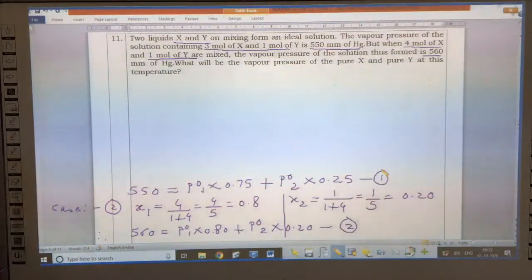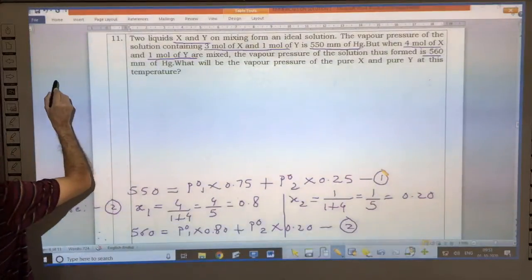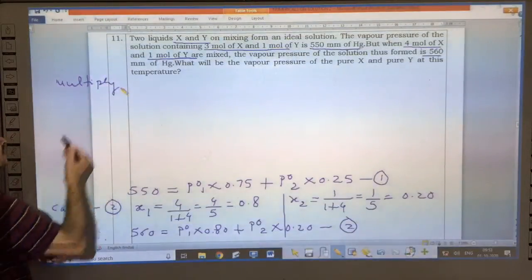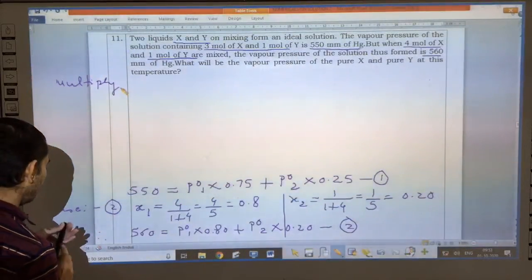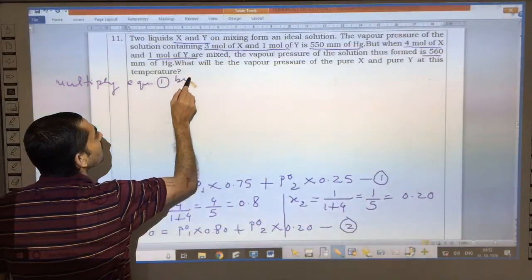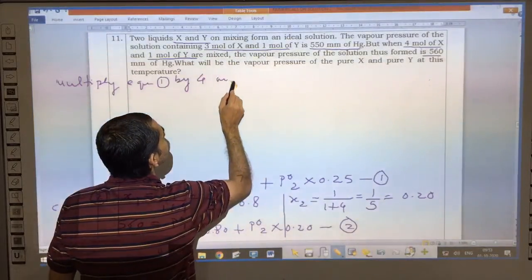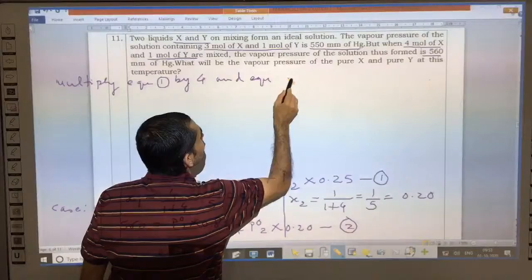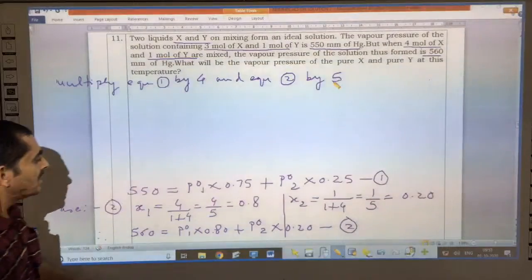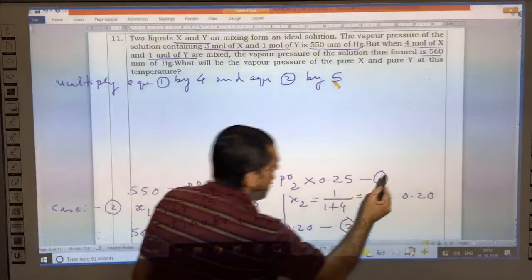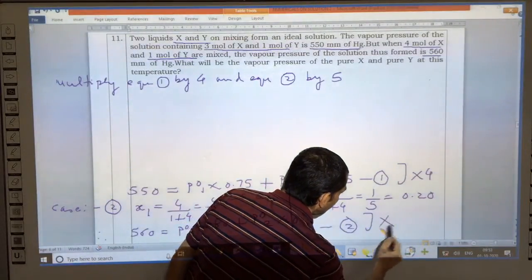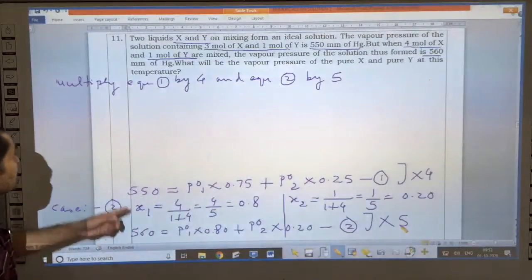So multiplying equation 1 by 4 and equation 2 by 5. This equation is to be multiplied by 4 and this equation is to be multiplied by 5. You multiply it.